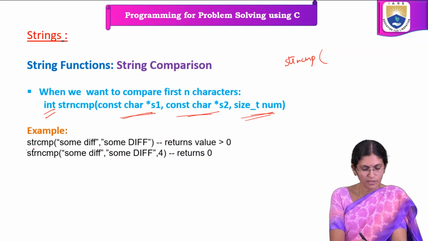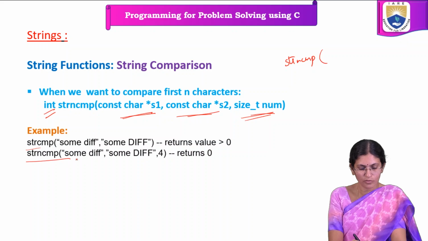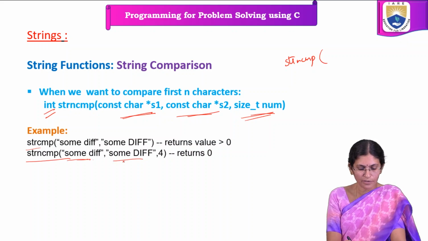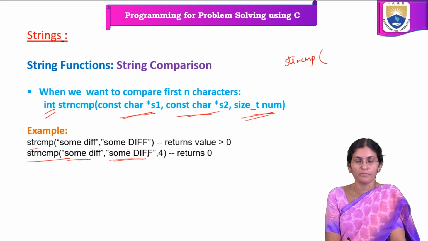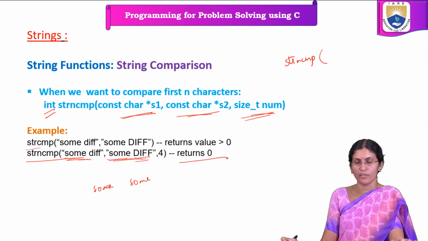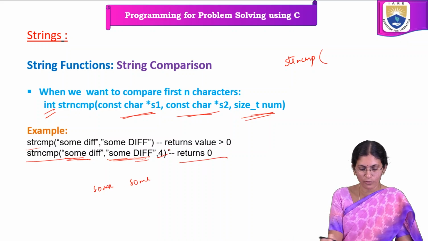For example, strncmp with the two strings, some diff and SOME DIFF in capital letters, comma 4. This line will compare only 4 characters of the two strings: 1, 2, 3, 4, some, and here you have SOME. Both are the same, so it will return 0, since it compares only 4 characters.